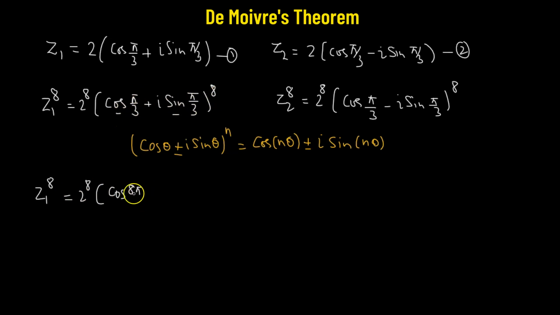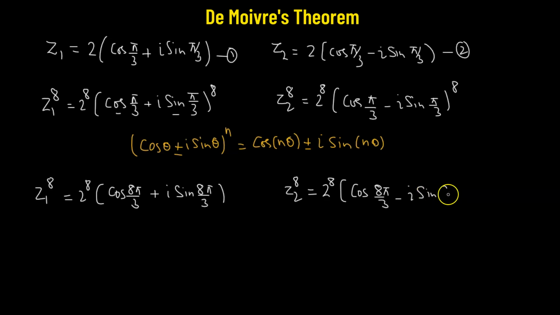This is going to give us cosine 8 pi over 3 plus iota times sine 8 pi over 3. And then our complex number z2 raised to the power of 8 can be represented as 2 raised to the power of 8 multiplied by cosine of 8 pi over 3 minus iota times sine 8 pi over 3. So let's label each of them as equation number 3 and 4.